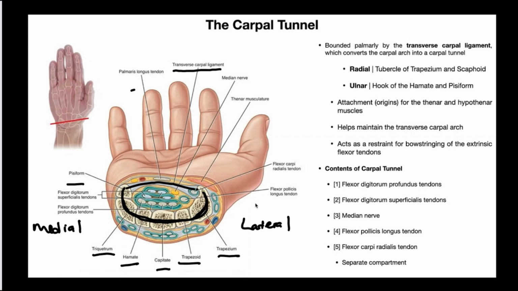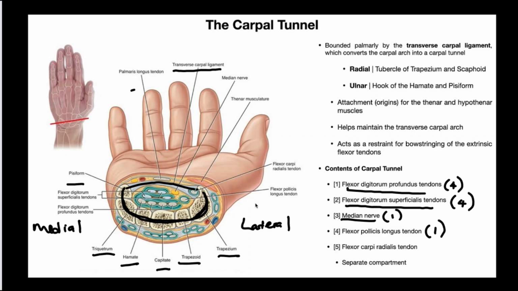What are the contents of the carpal tunnel? You've got the flexor digitorum profundus tendons. These are 4. And then you've got the flexor digitorum superficialis tendons. These are 4. You've got the median nerve, 1. And then you've got the flexor pollicis longus tendon, 1.